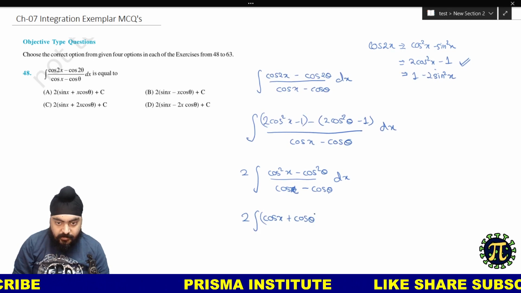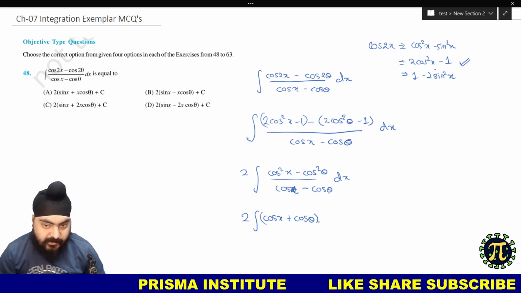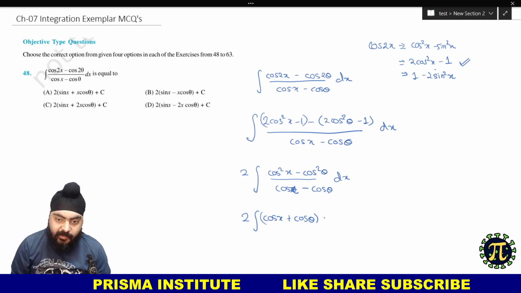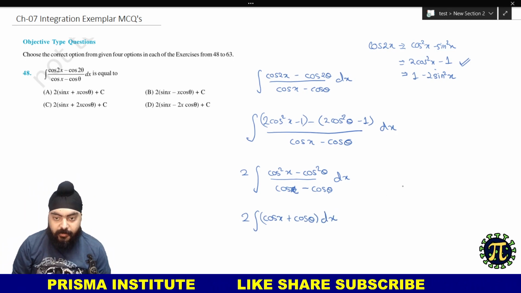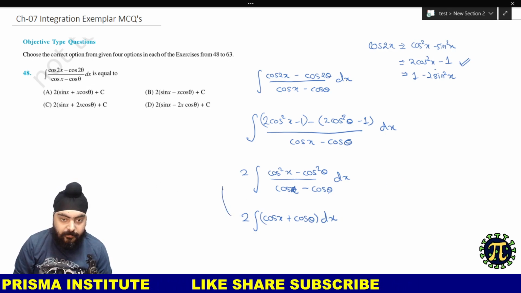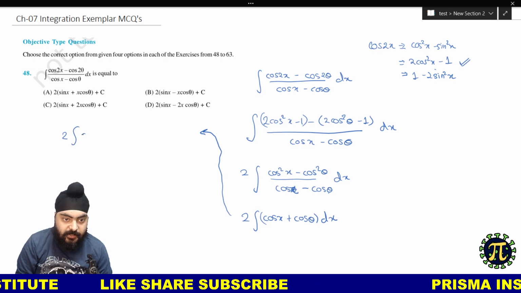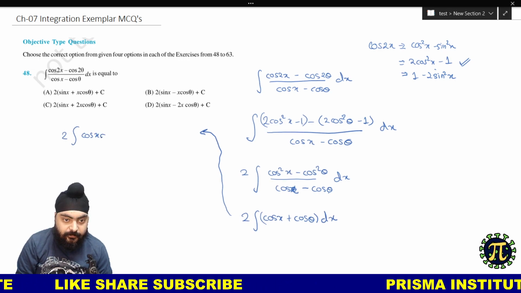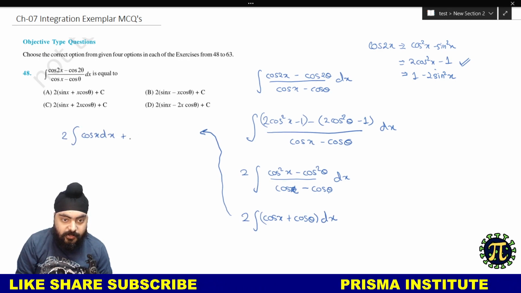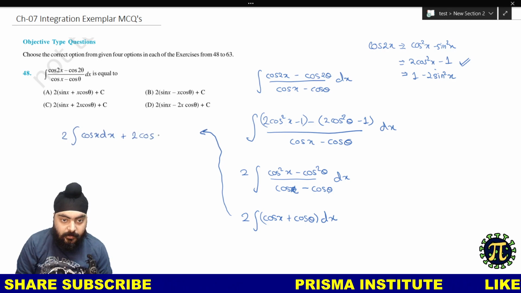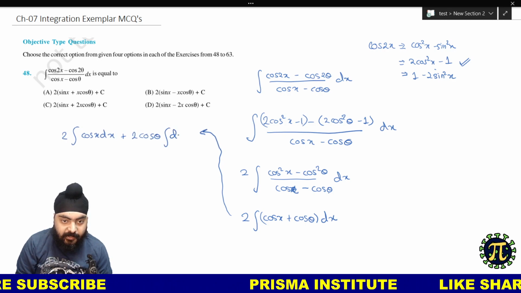So theta is some constant, right? So cos theta is a constant. We will treat it as a constant. And this integral now becomes 2 times the integration of cos x dx plus 2 cos theta outside because it's just a constant, times the integration of dx.